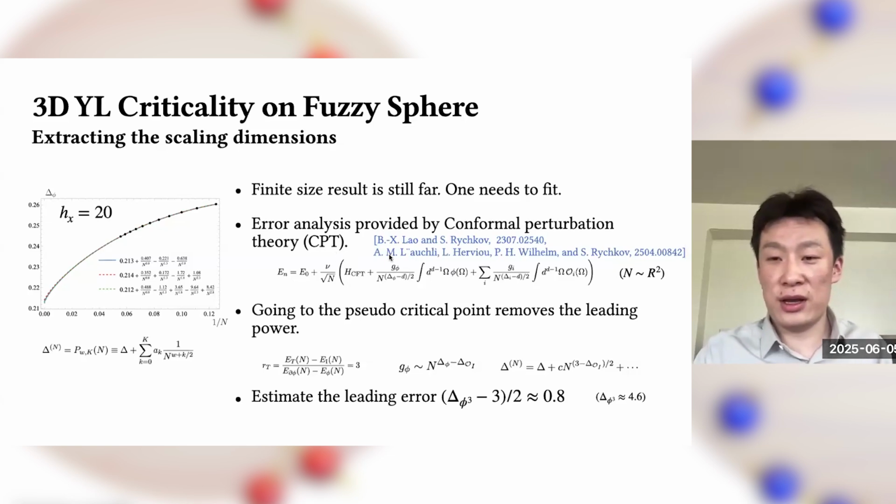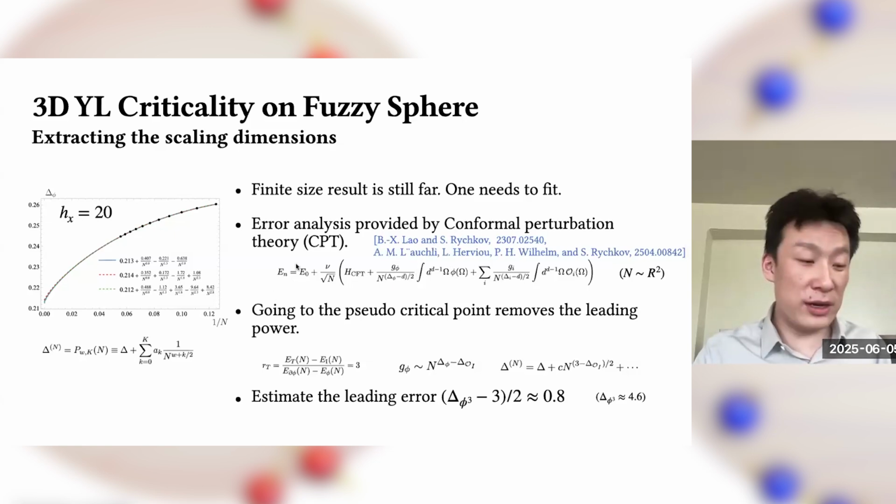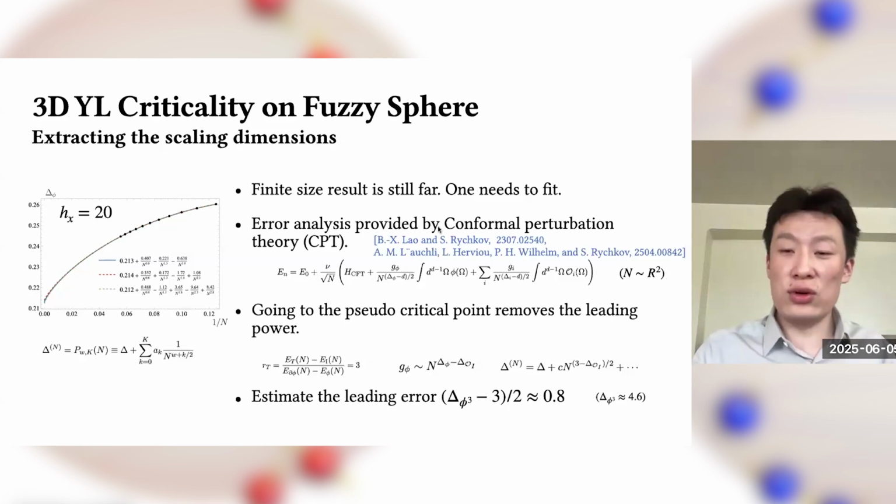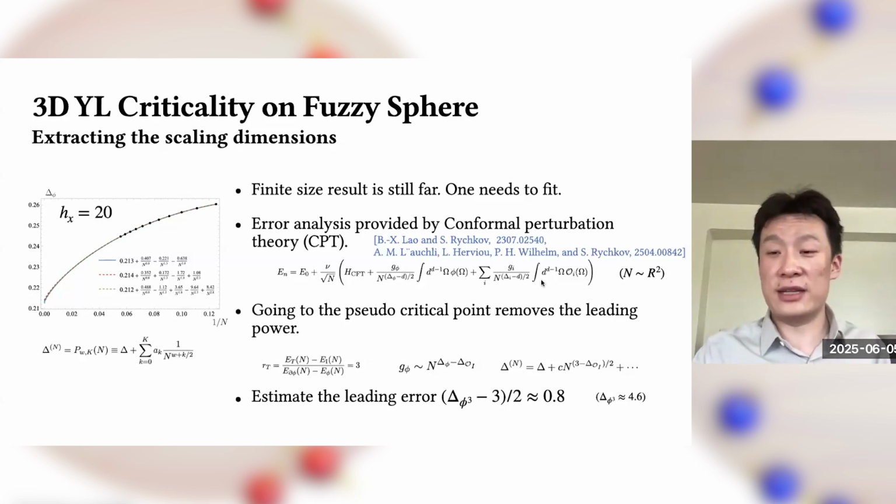So from these two works, we have a formula for the energy eigenvalues as the scaling dimension of the CFT plus some relevant and irrelevant corrections, which grow or fall off as the volume increases. And here the volume is proportional to the number of fermions n.